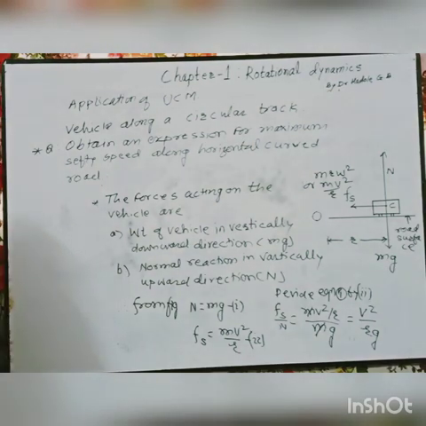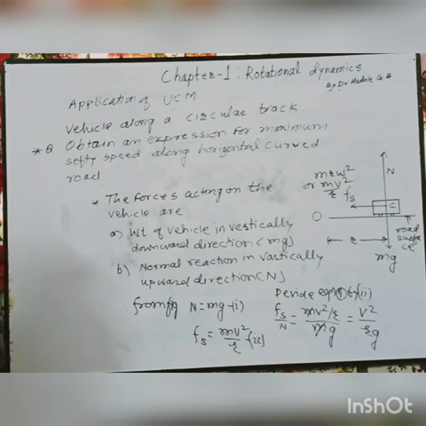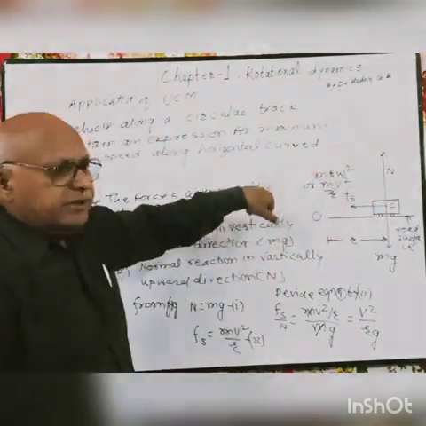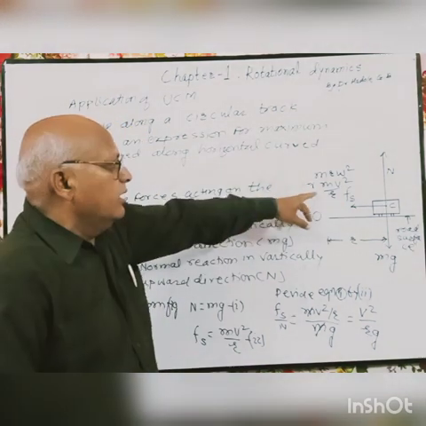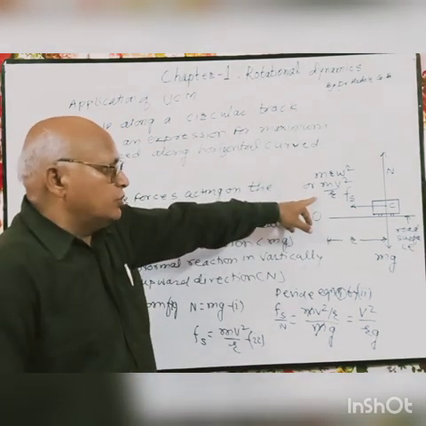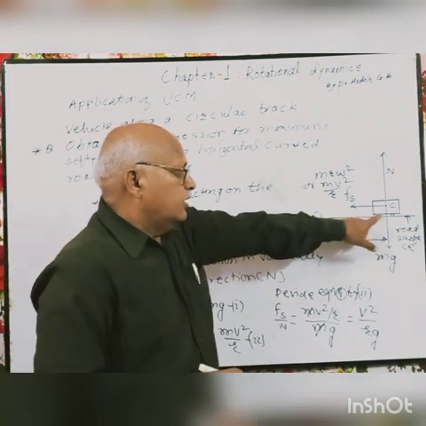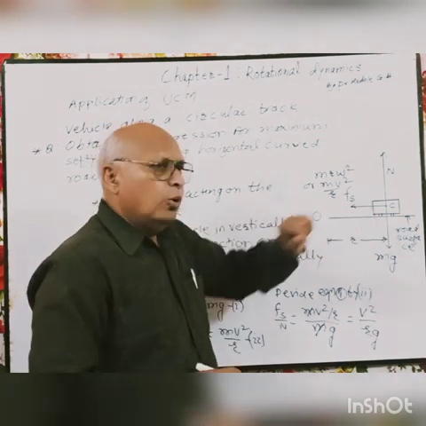Now here the mg and normal reaction, that is the weight of the vehicle and the normal reaction, are constant. Even though the vehicle is performing circular motion, this frictional force is getting balanced with the centripetal force because of the friction between the tires of the vehicle and the road surface.